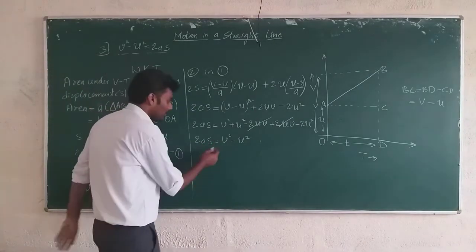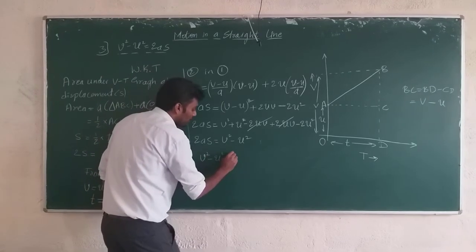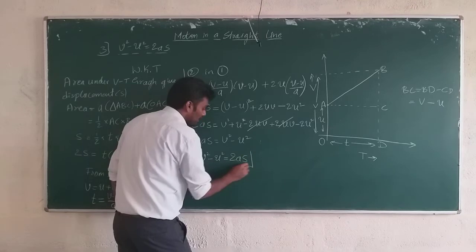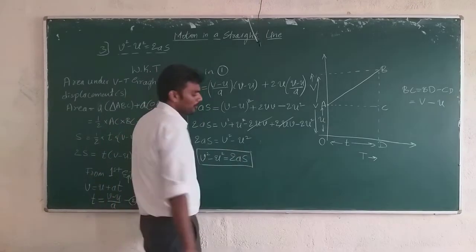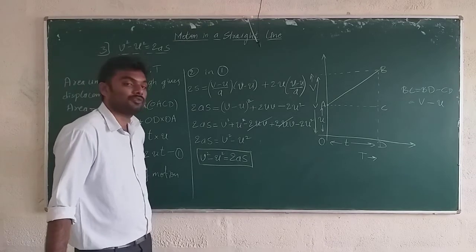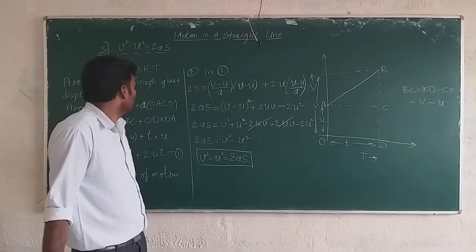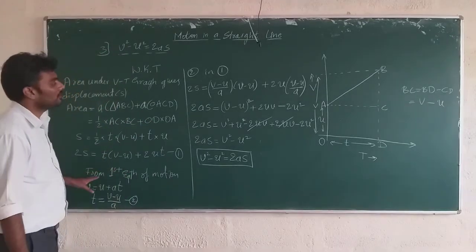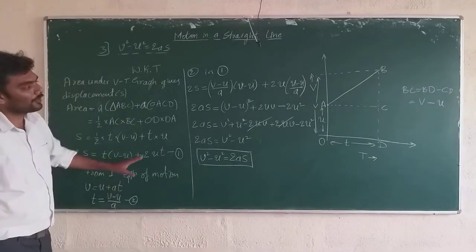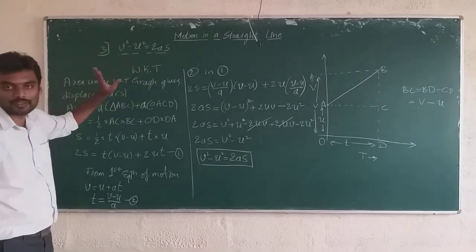Upon rearranging, we will get v squared minus u squared is equal to 2as. Very important expression, which is known as the third equation of motion. Okay, so an important derivation. These are the steps. That is the graph. And a few considerations have to be written.